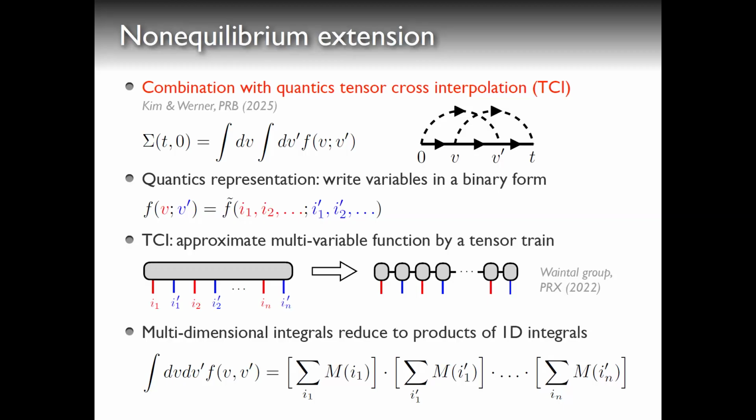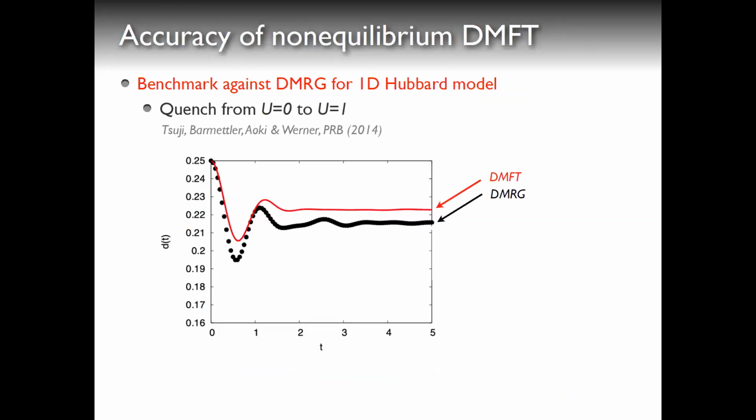That is much easier to evaluate, and that is what gives us a significant speed up in these calculations. Using these techniques, we will be able to go to higher order diagrammatic calculations and approach numerically exact solutions in many interesting parameter regimes.